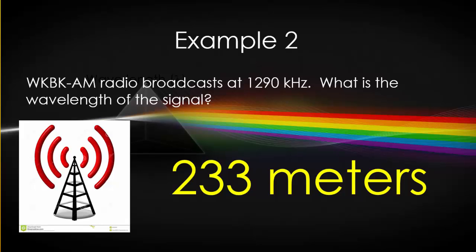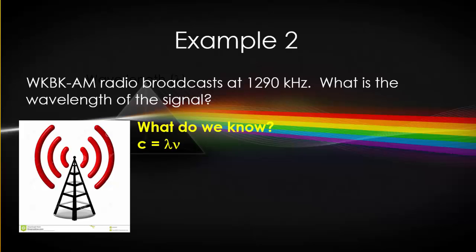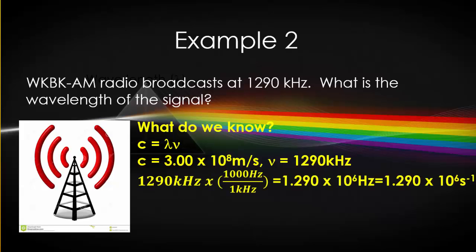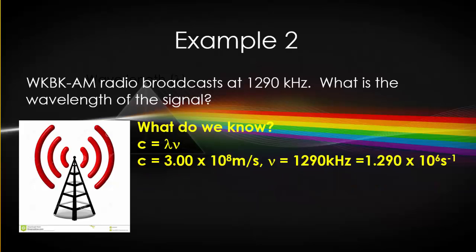How did we get this? Well, what do we know? We know this equation. We know this is the value for c. We're given that this is the frequency, but as stated initially, the hint is this is in kilohertz and you want it in hertz. So you do the conversion, remembering that there are 1,000 hertz in 1 kilohertz, and you get 1290 kilohertz equals 1.290 times 10 to the 6th hertz, or 10 to the 6th seconds to the negative 1.